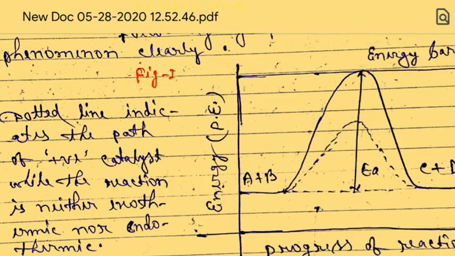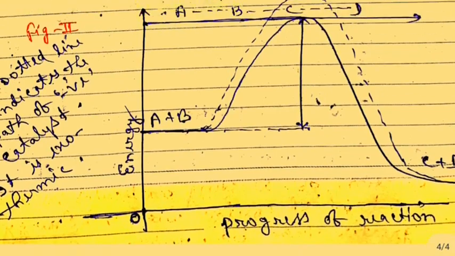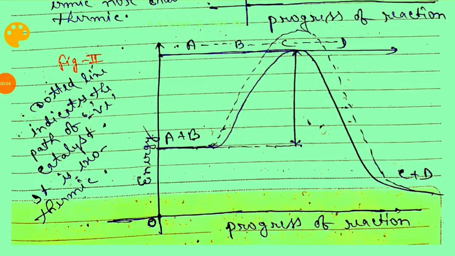Now in the second figure, negative catalyst is used. Again here on the x-axis there is progress of reaction. On the y-axis there is energy. A and B again are the reactants. C and D again are the products. This line indicates the energy barrier that you have read. If energy is supplied, then reactant molecules cross the energy barrier and form products.